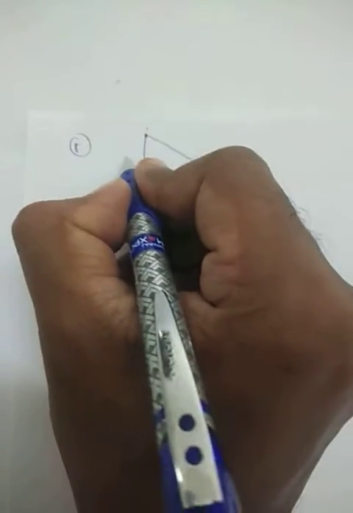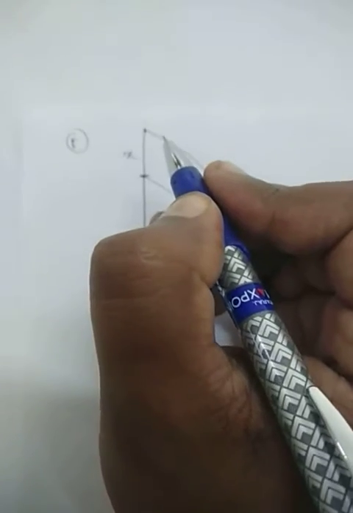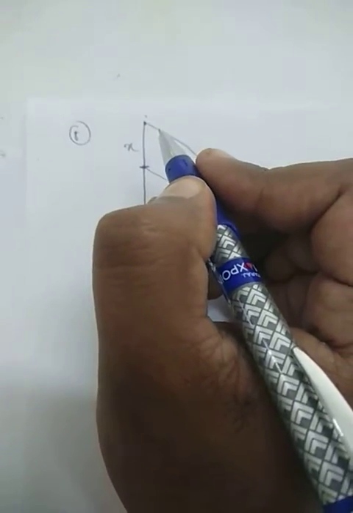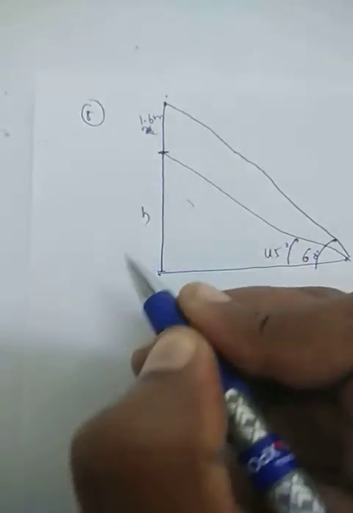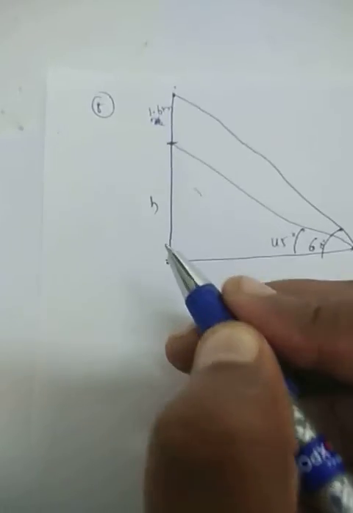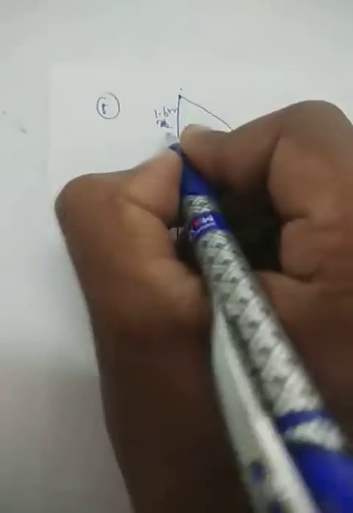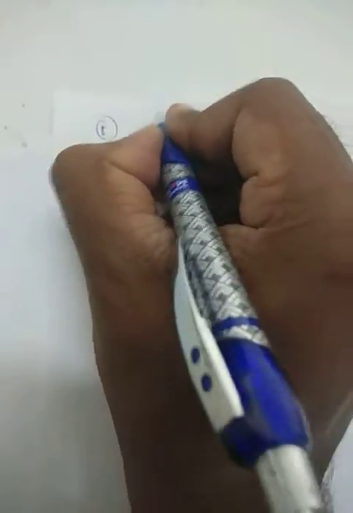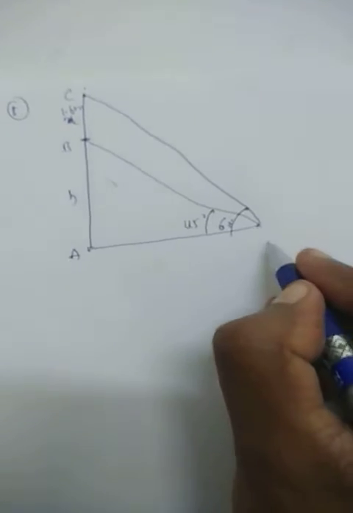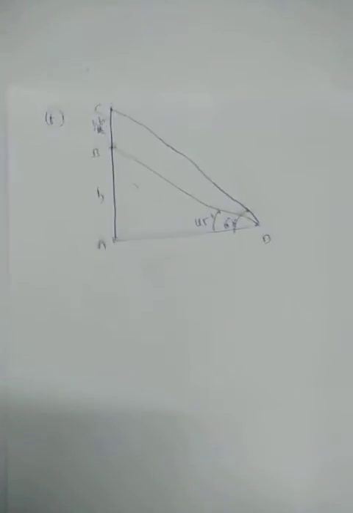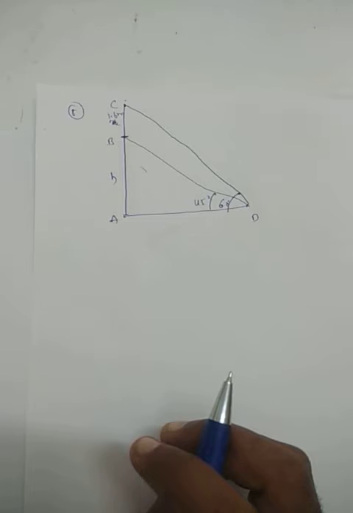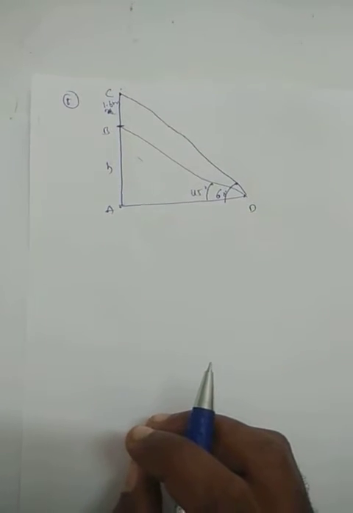Let us take the height of the pedestal as h, and the height of the statue they have given as 1.6 meters. Let AB be the pedestal and BC the statue, and D is a point from which the top of the pedestal and the top of the statue are observed.